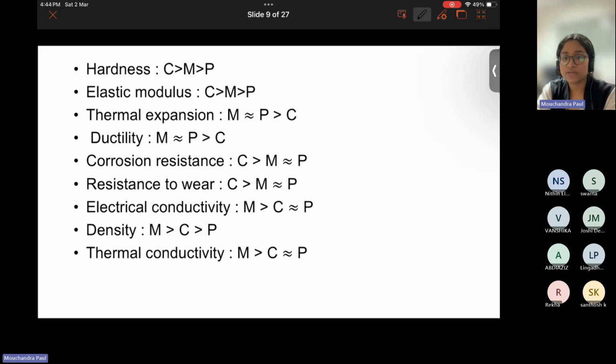Then electrical conductivity, it means whether it is able to allow current to pass through it. That is electrical conductivity. Density. So what is the meaning of density? What do you understand by density?